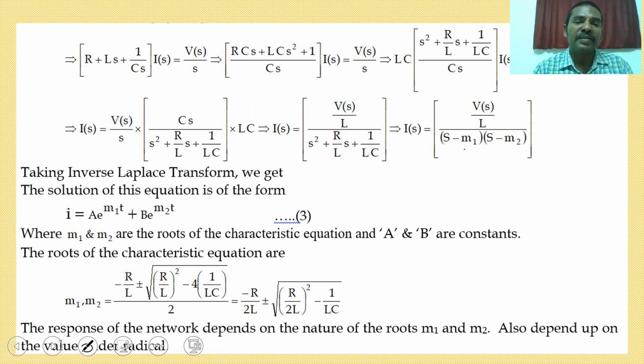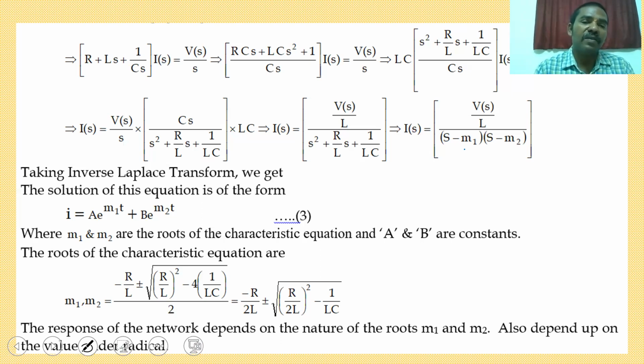So RCs plus LCs square plus 1 divided by Cs into I of s is equal to V of s by s. Then I am taking LC as common. So s square plus R by L into s plus 1 by LC, divided by Cs, into I of s is equal to V of s by s.